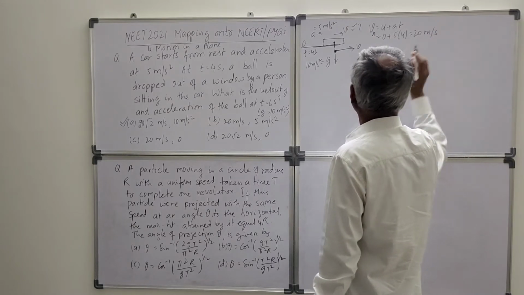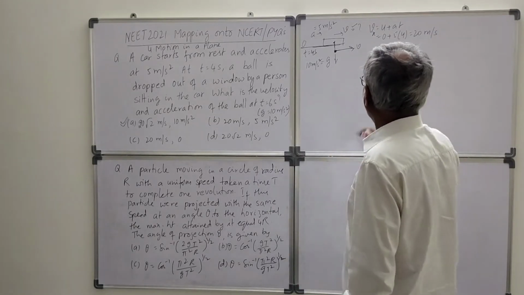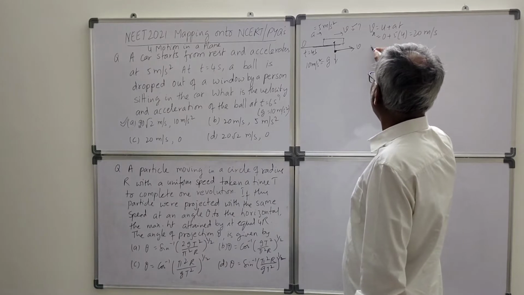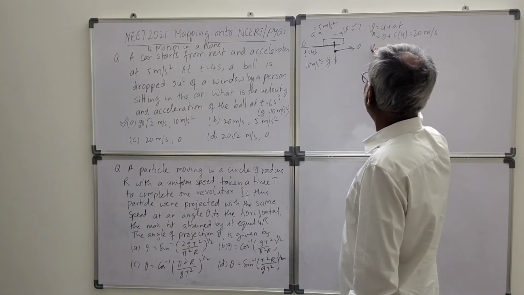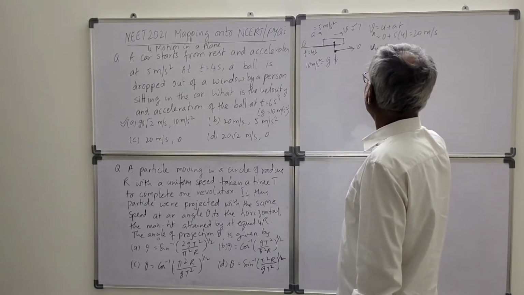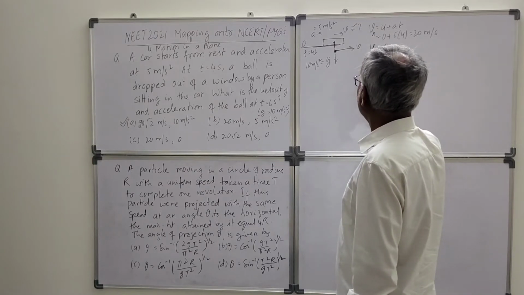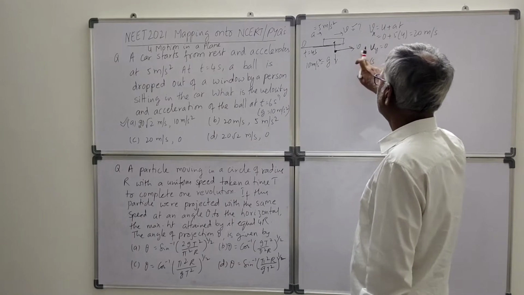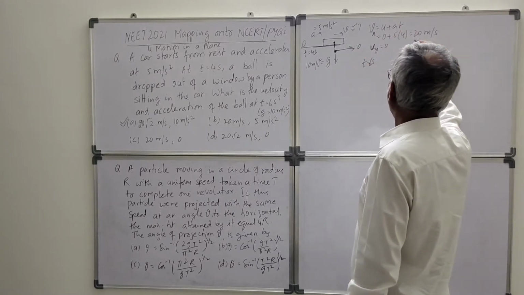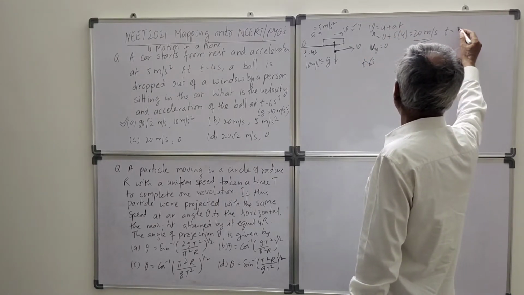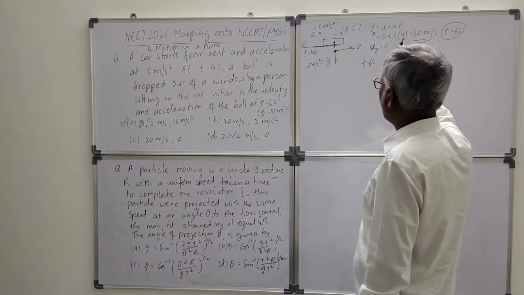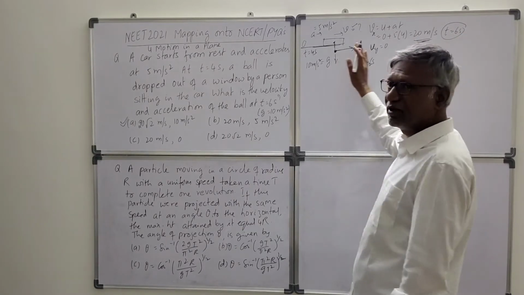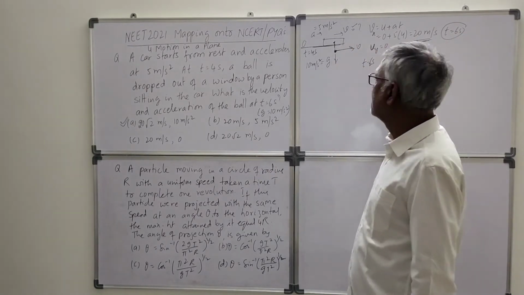And Uy is 0 initially. After 4 seconds, the velocity will not change in the x direction at t equal to 6 seconds, because there is no acceleration in the x direction.